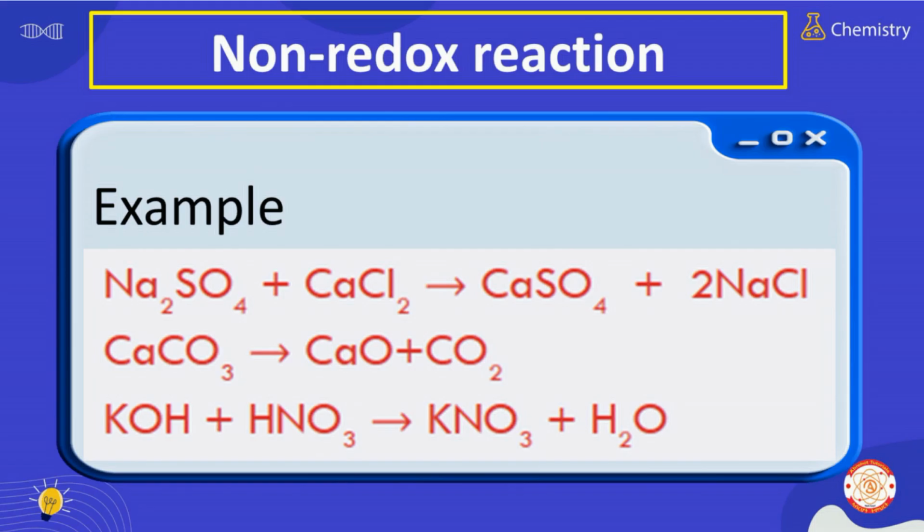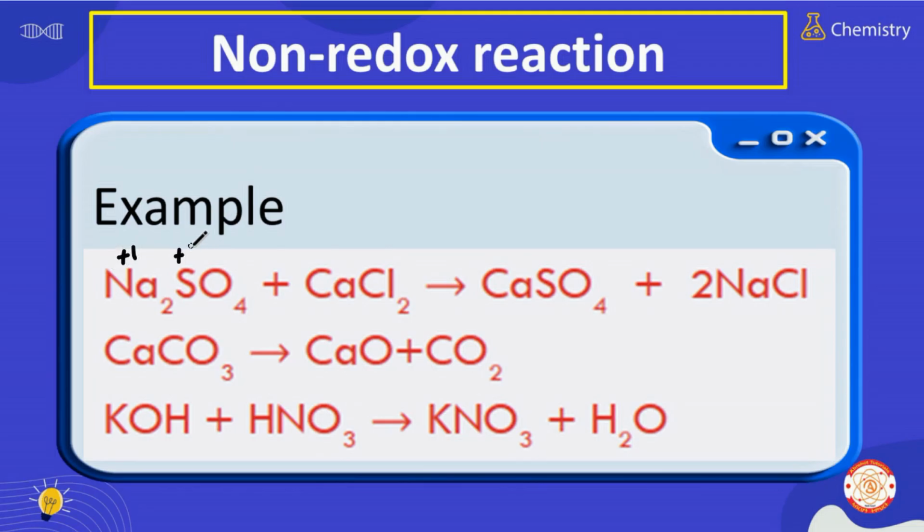To help you figure out which reactions are redox reactions and which are not, you have to assign oxidation state to each element and see if there is change in oxidation state or not. So let us begin with the first one. What is oxidation state of sodium? It's always +1, right?